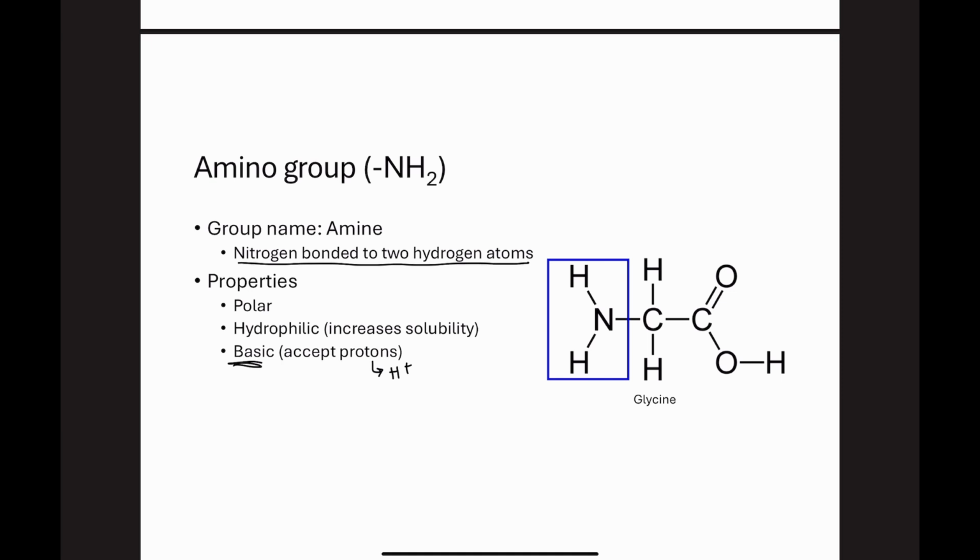So in water, the amino group accepts or can accept protons, which are our hydrogen atoms, and then it can form an ammonium ion. So it accepts these hydrogen atoms to form an ammonium ion.